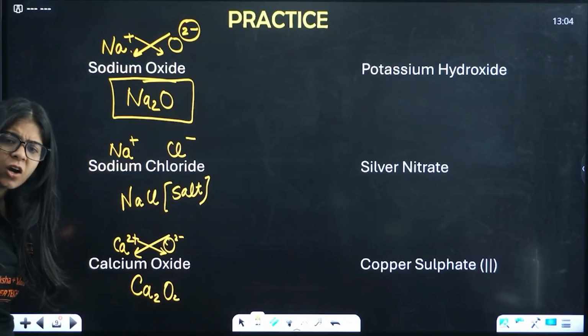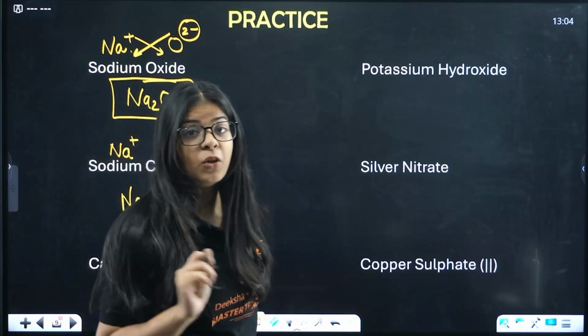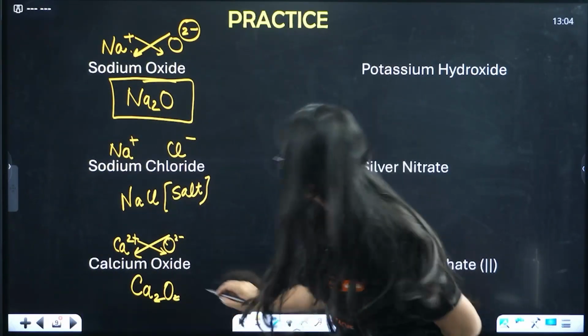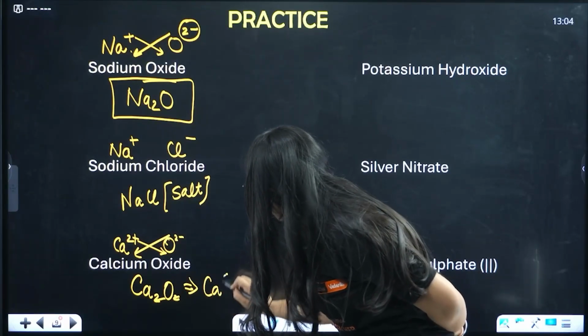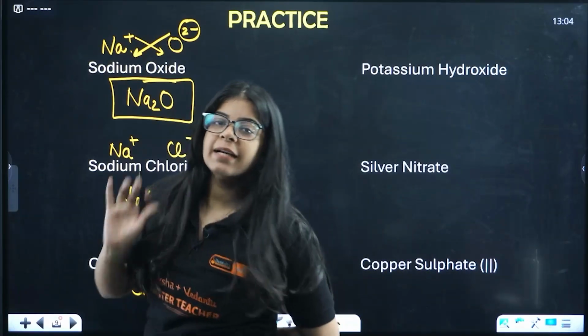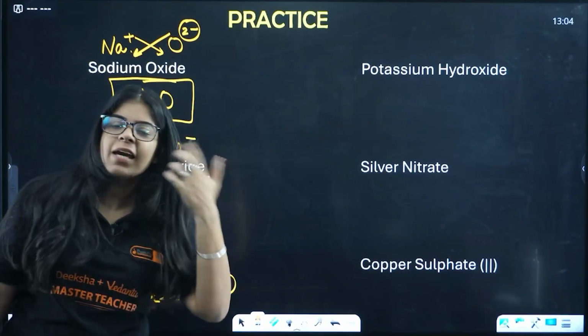Should I leave it here or not? Is Ca2O2 the compound? No, because this should be the least whole number ratio. So this should be CaO. You can cancel out the numbers that are getting divided. If there was Ca2O4, you can write CaO2.